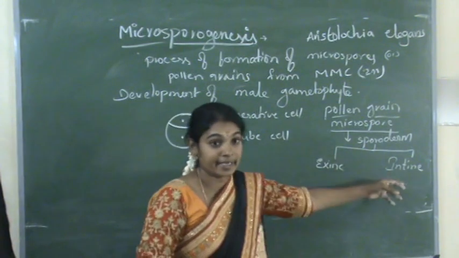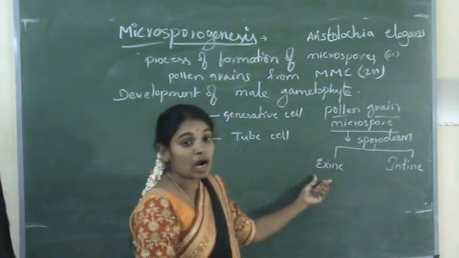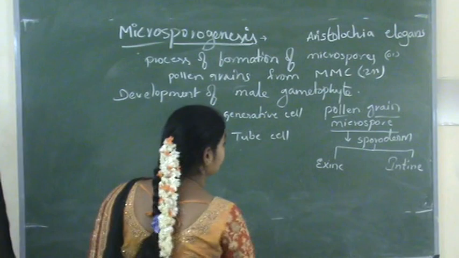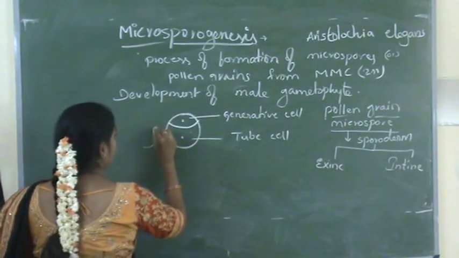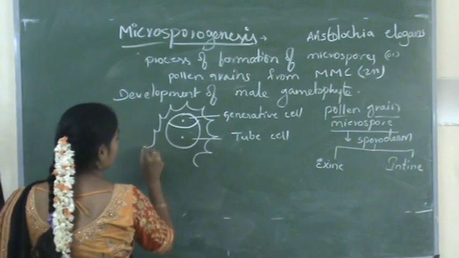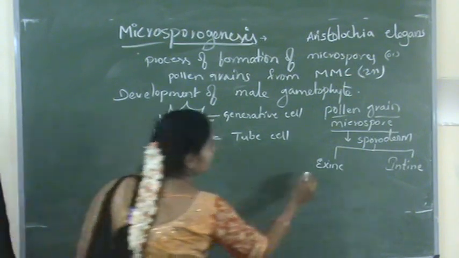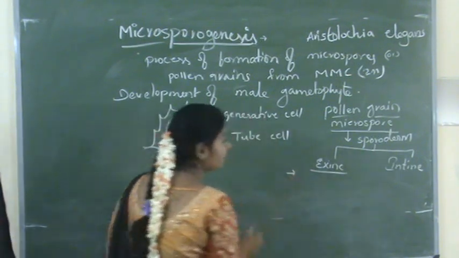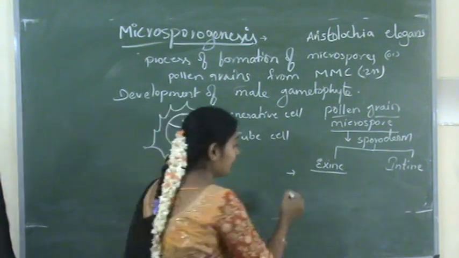Exine and intine. Exine is the outermost layer, and it is made up of sporopollenin.